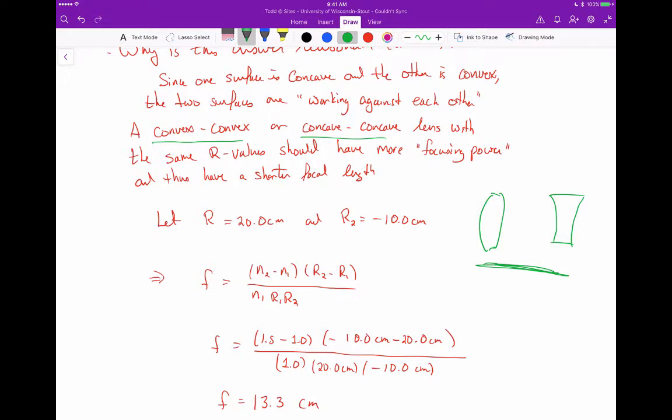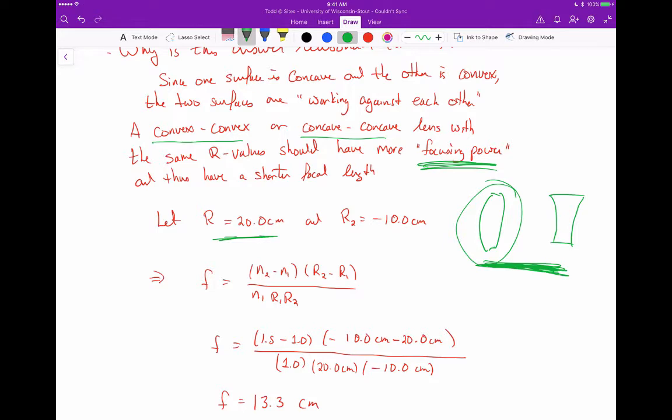I'm putting that in quotes because that's not really a term, but essentially either of these two lenses should be able to focus the light down much quicker, which means that they should have a focal length that's less than negative 40 centimeters.